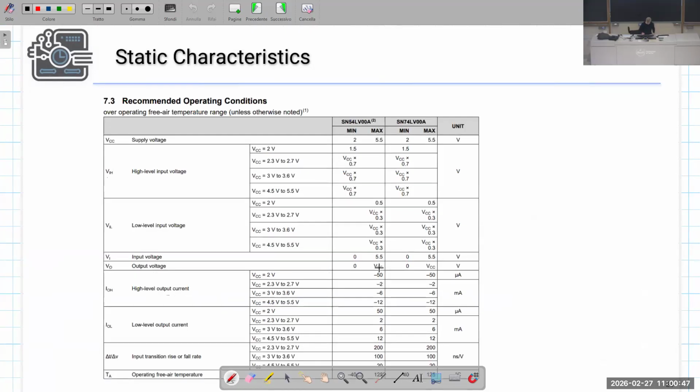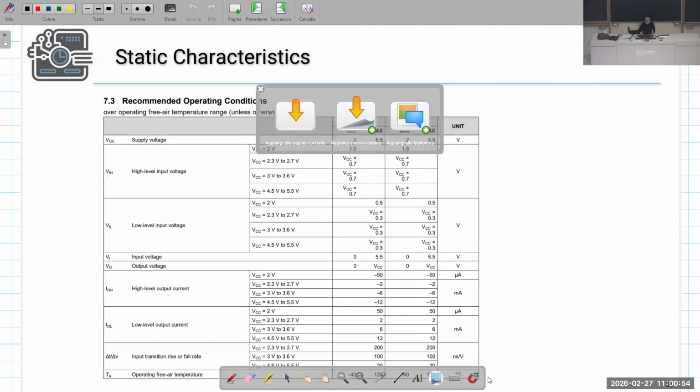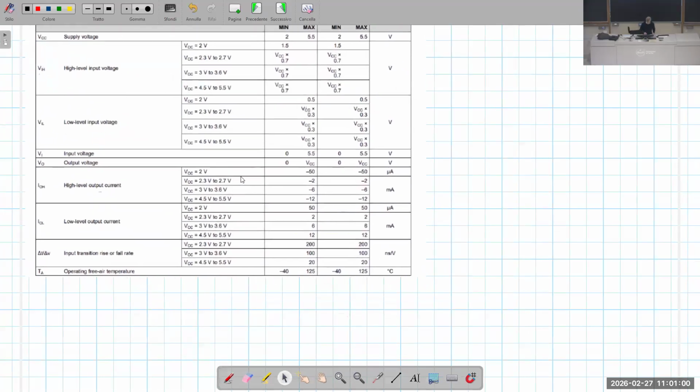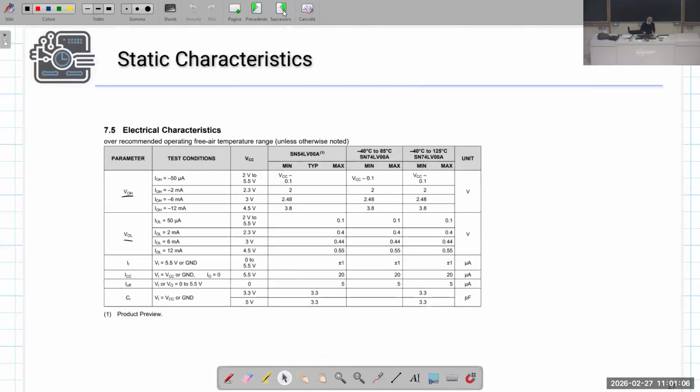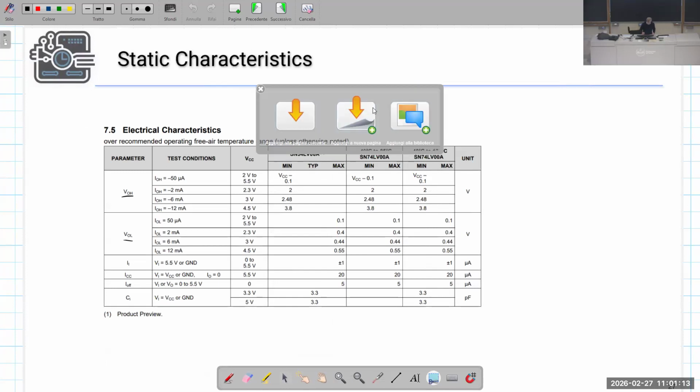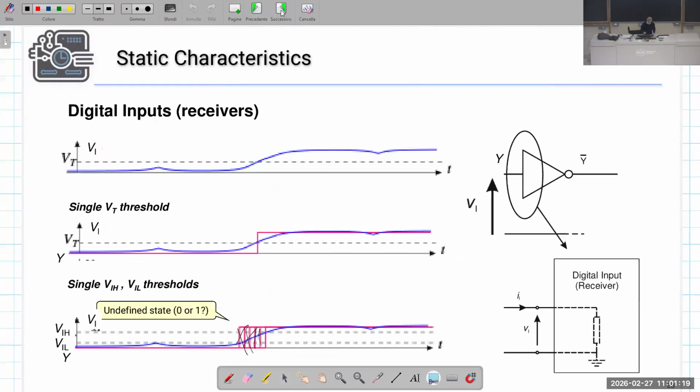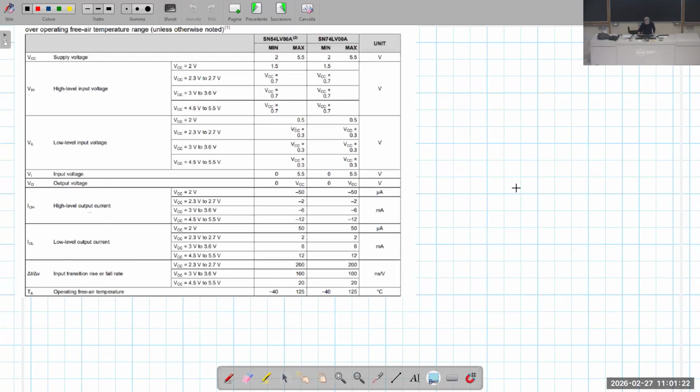Let me pick this one and copy to the other. Let's try to consider this example.